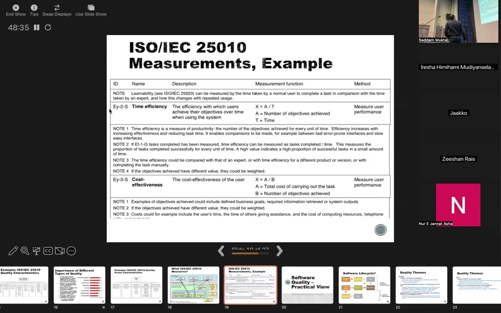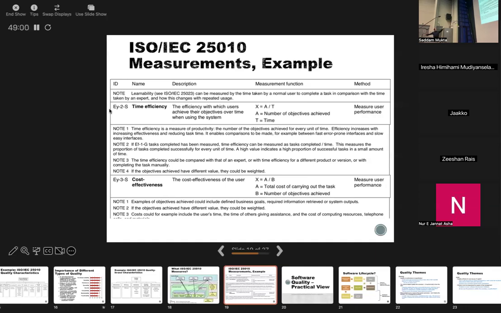Here we can see, for example, one is called cost effectiveness and the other is time efficiency. Just now we talked about effectiveness, to what extent you are solving or managing the process.